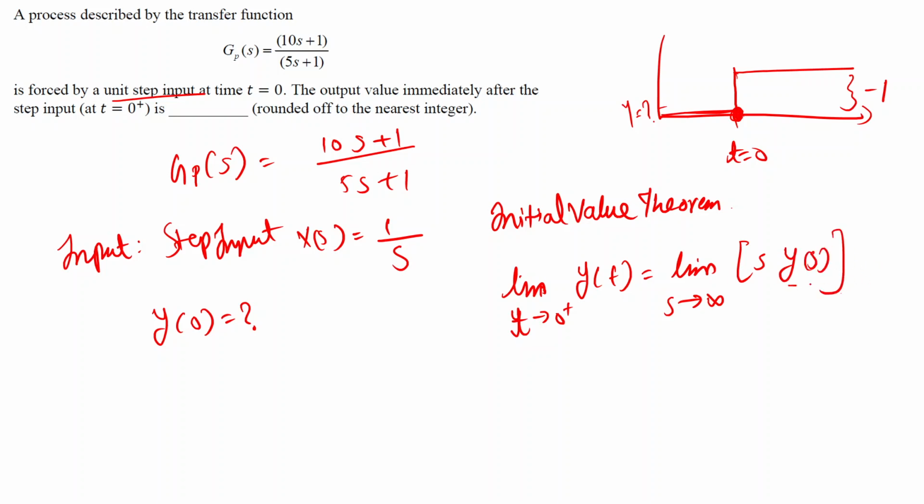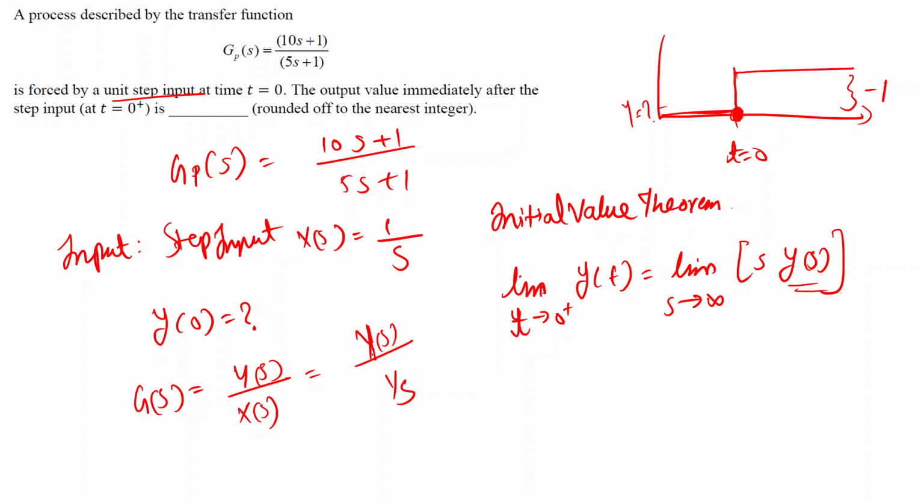So we need to find this y of s and replace it over here, then put the value of s as infinity to find the value of y of t, that is the output value. So transfer function, you can also write it as g of s is equal to y of s upon x of s, and in this case x of s we have been given as 1 upon s.